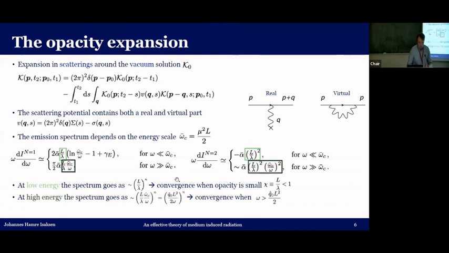However, at high energy you don't get just L over lambda, but L over lambda times omega c bar over omega, which is also q hat 0 times L squared over omega. So even though you expect it to converge only when L over lambda is small, you can see that at high energy it can also converge if the energy is bigger than q hat 0 over L squared.